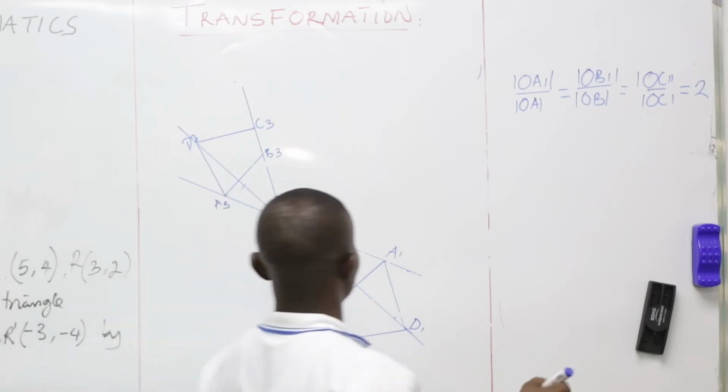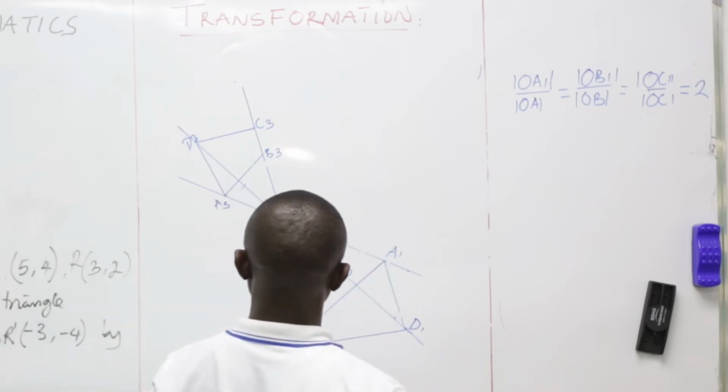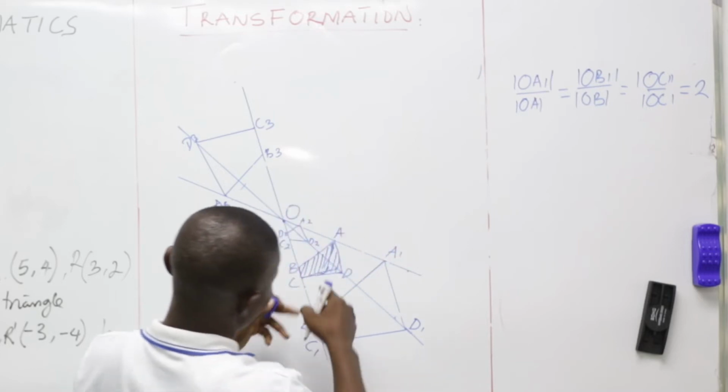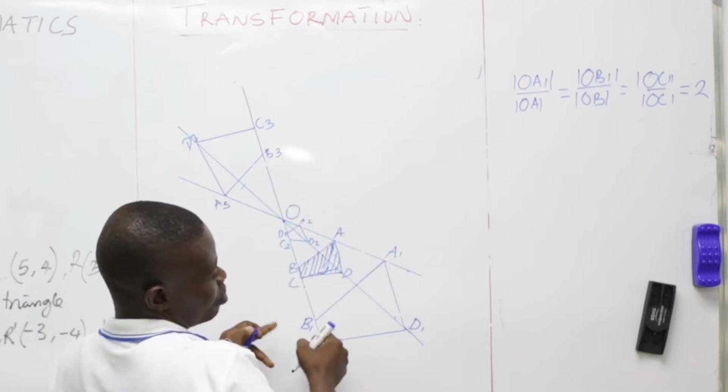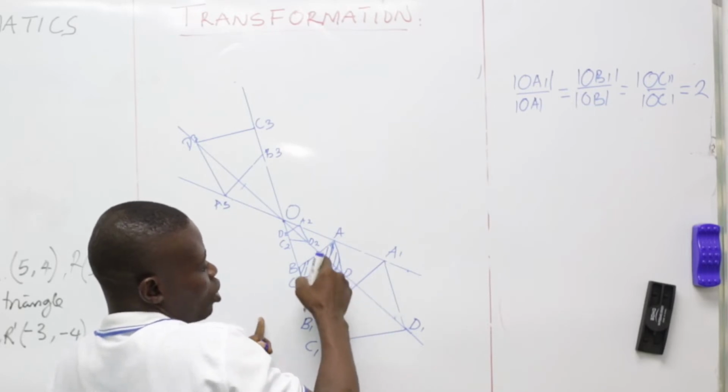You can also go this way. The image is times 2 of this object.